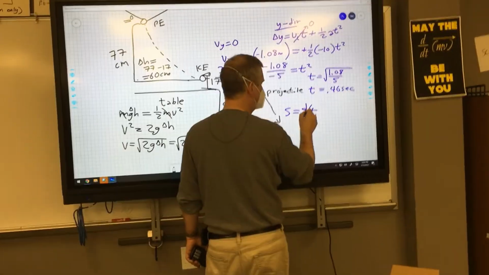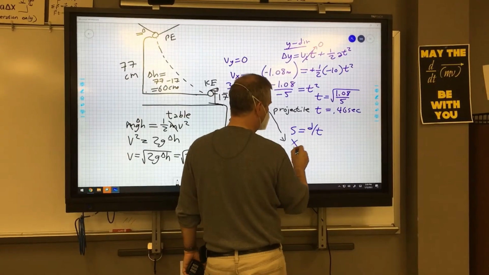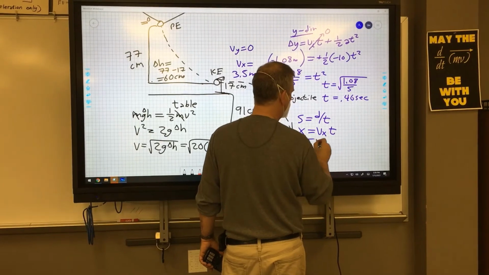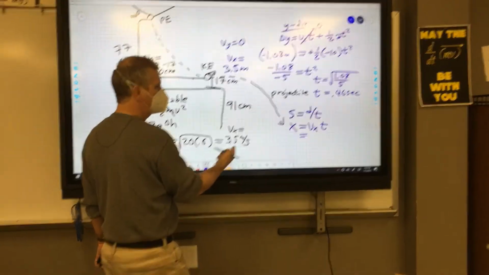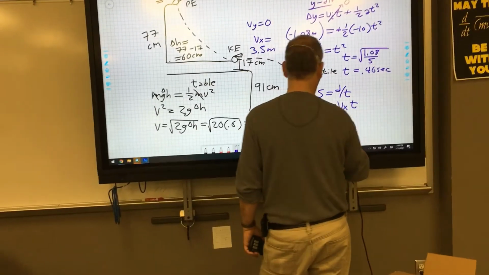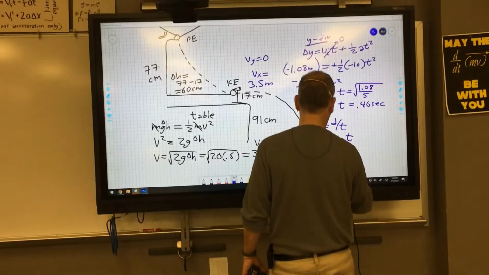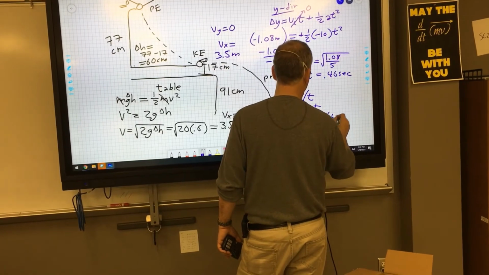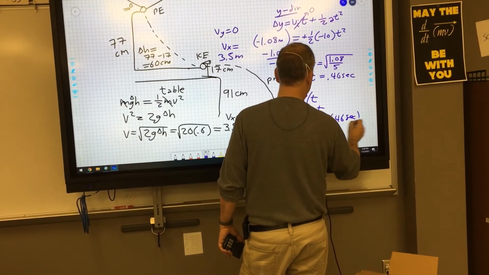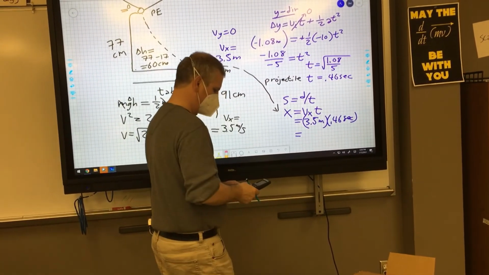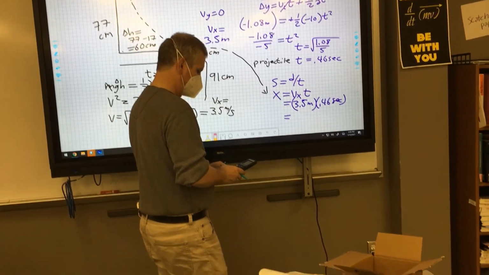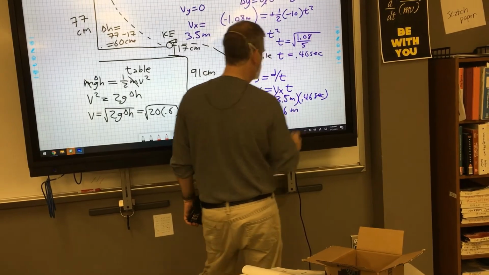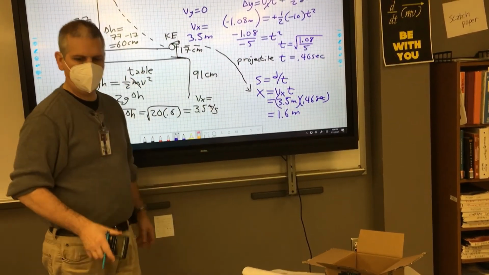Or our distance, which is actually the x distance, will be our velocity in the x direction times the time, or 3.5 meters times 0.46 seconds. And this ends up being 1.6 meters, which I will tell you that is farther than I expected it would go.